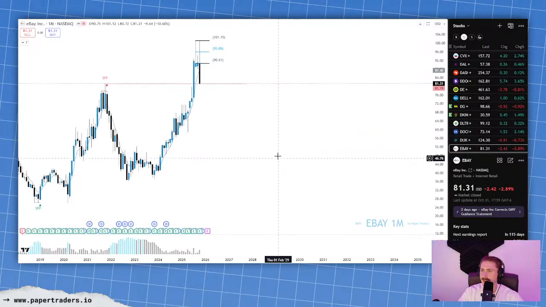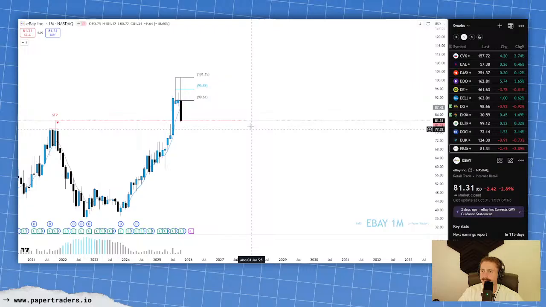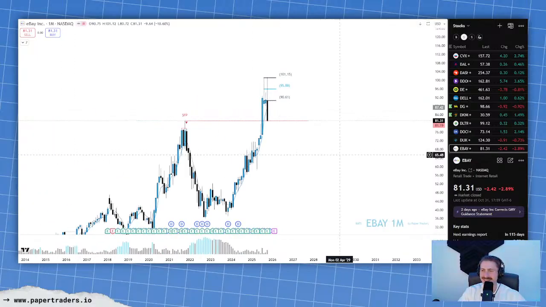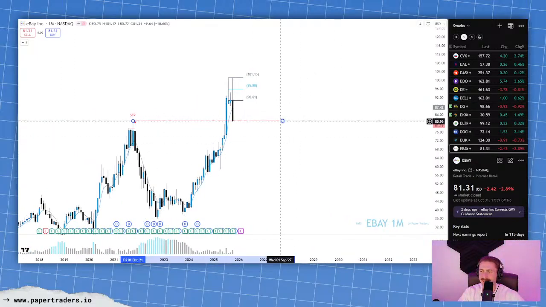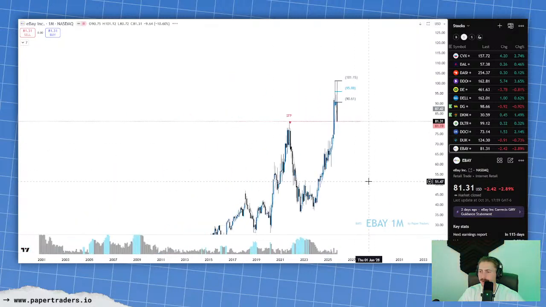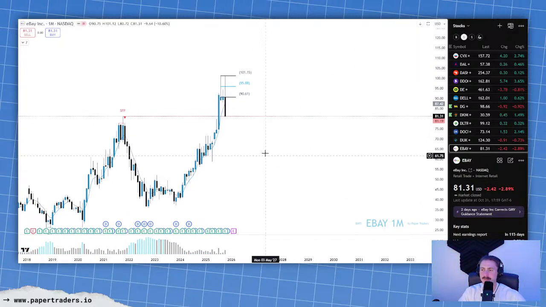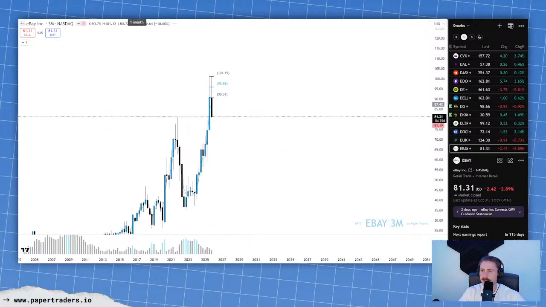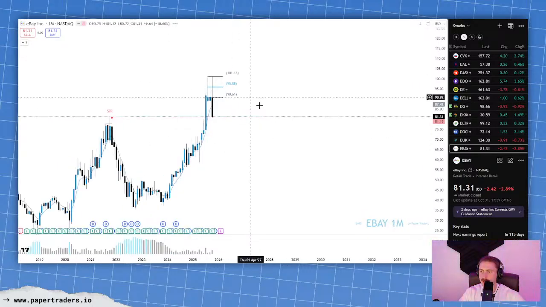Duck. eBay. EK. Oh man, EK. Yeah, send it down with haste. It either needs to hold this 81 or otherwise it's done for. Then we're going to start looking at the 3-month OTE here soon.